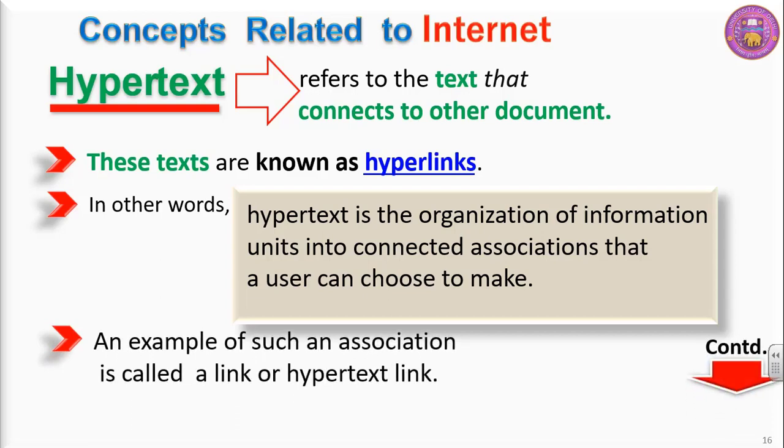An example of such an association is called a link or hypertext link. In simple words, those words over which you click your mouse pointer, those are hyperlinks, and the moment you click over them, they take you over to some other document.